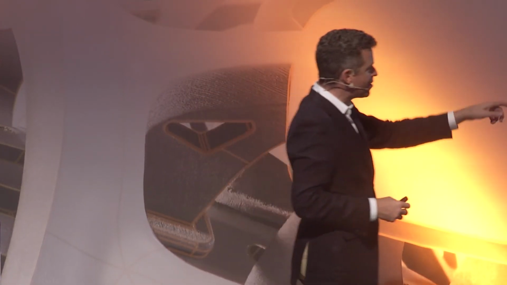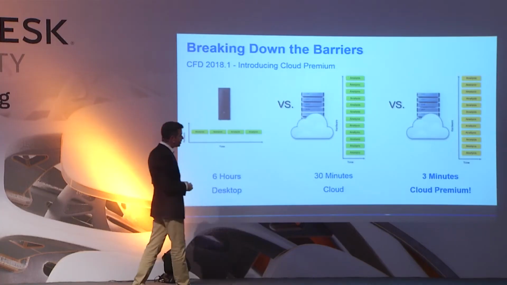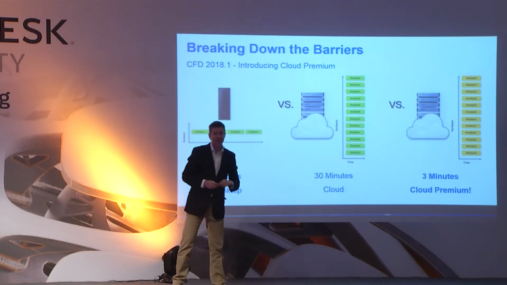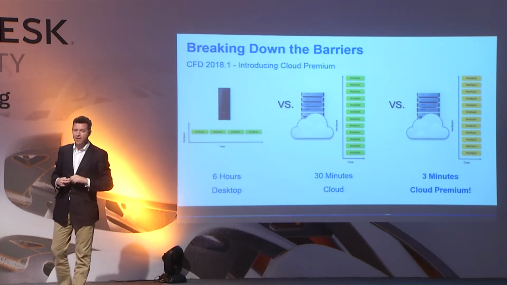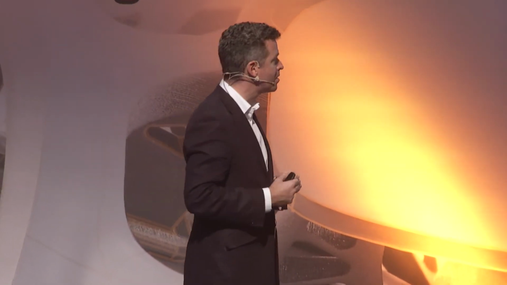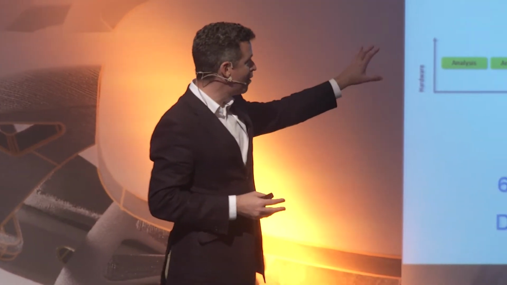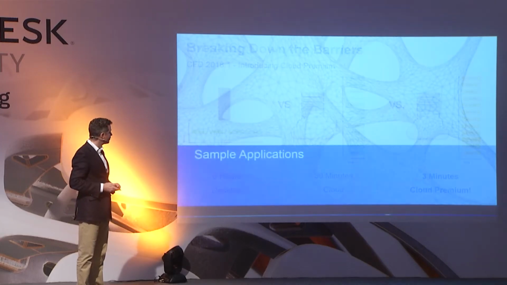So now it's possible to run this entire study in less than 3 minutes. So this is something that just occurred this week. It's now available to all our subscription customers. There's no other company on the planet that has a cloud service that's scalable in this way. We're the only company offering it. So what Callan was showing you this morning is live and it's real and it exists right now today.